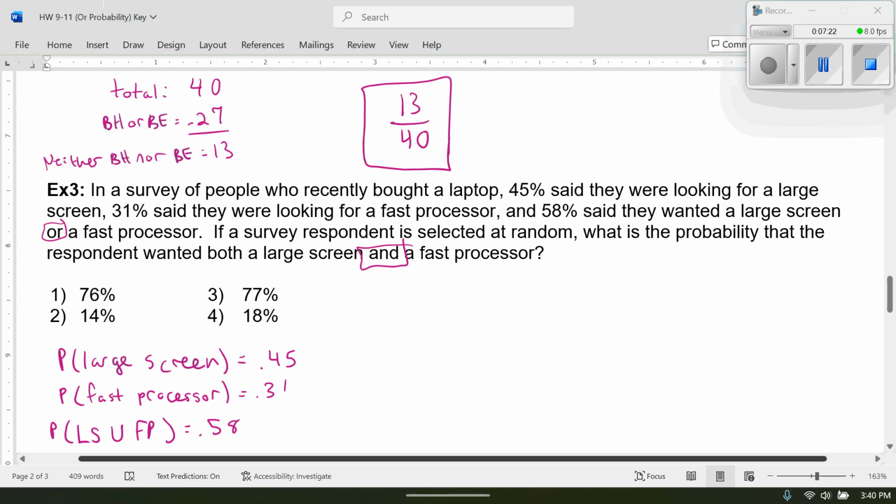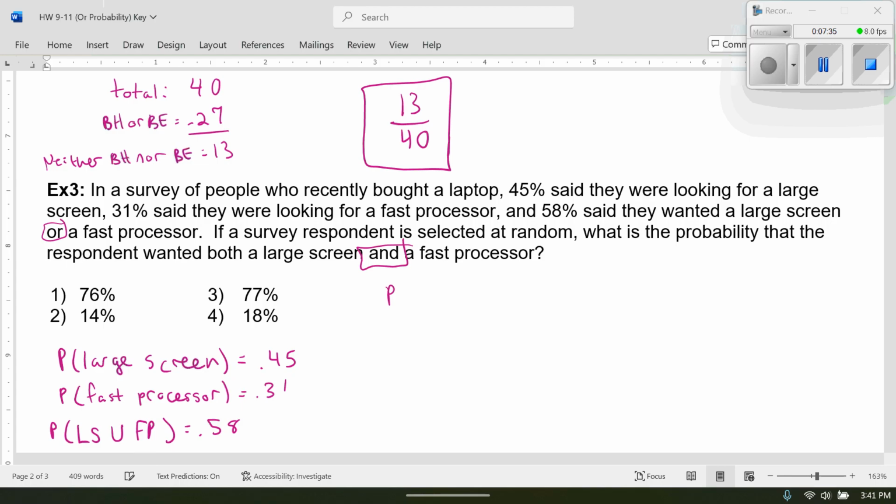So this is an OR probability problem. We need the OR formula. However, they don't want OR probability. They want the AND probability. It still requires the OR formula. So we have the probability of large screen or fast processor equals the probability of one plus the probability of the other minus the probability of them both.